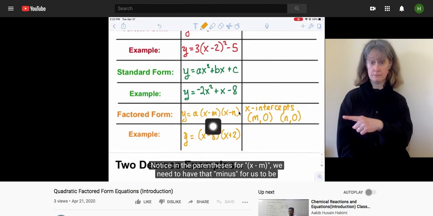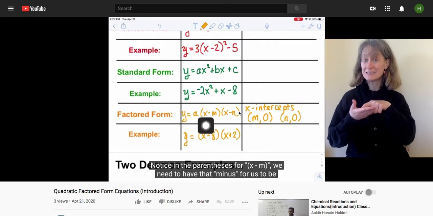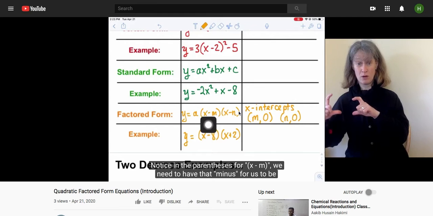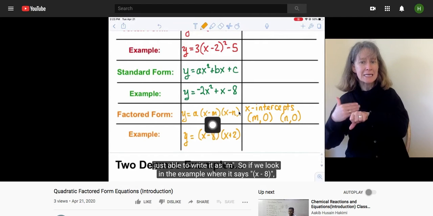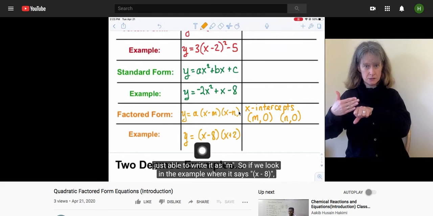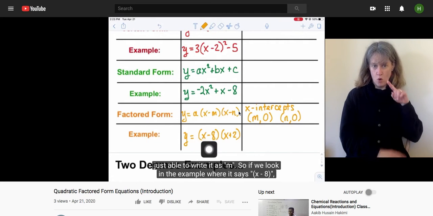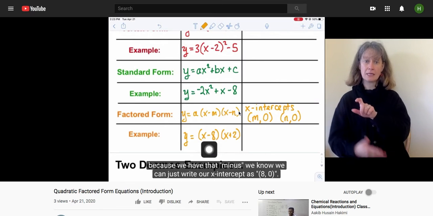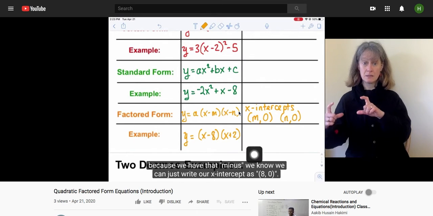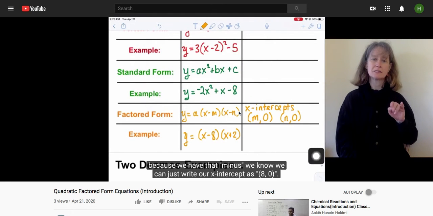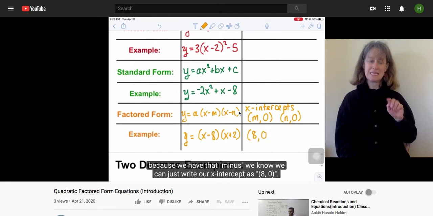Notice in the parentheses for x minus m, we need to have that minus for us to be able to just write it as m. So if we look in the example where it says x minus 8, because we have that minus, we know we can just write our x-intercept as 8, 0.